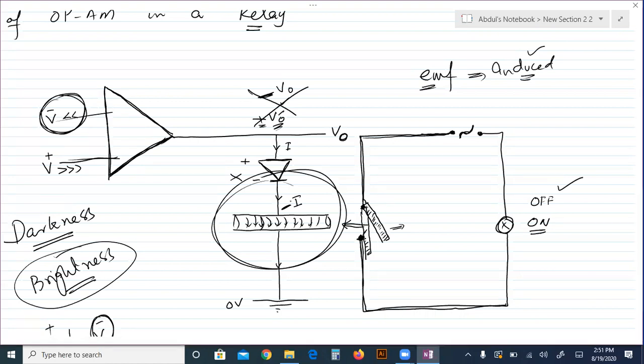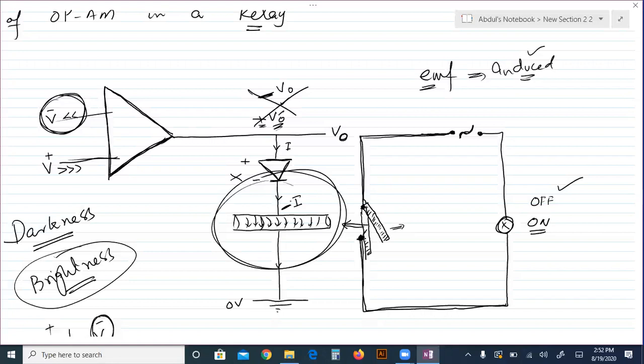When the coil cuts its own varying magnetic field, EMF is induced, current is induced in it. According to Lenz's law, EMF induced, current induced is opposite to the source, so it becomes negative.